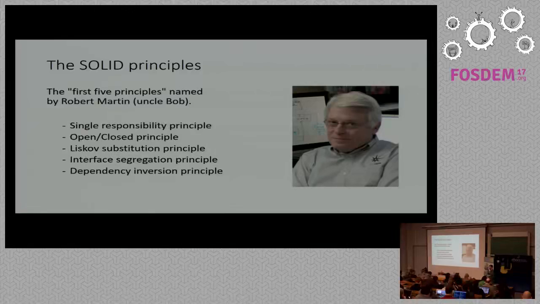The second one is the open-closed principle. And that means that when you make something, like a function or a class, it should be open for extension, but closed for modification. That means if you think about it like a function or a class that does just one thing, it should be possible, for instance, to change the behavior by building around that.